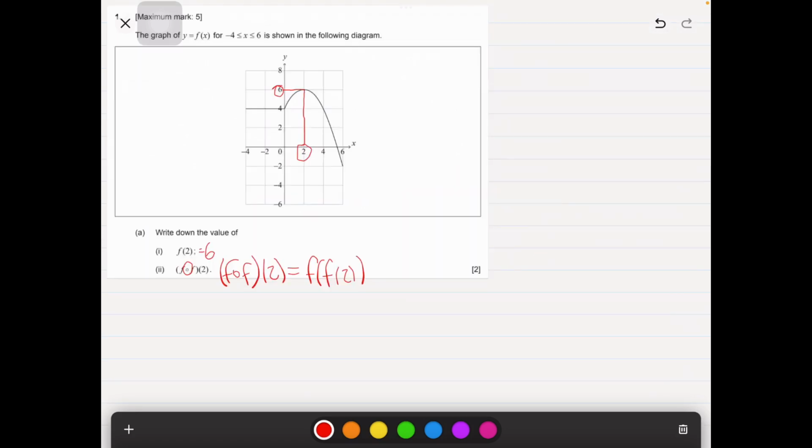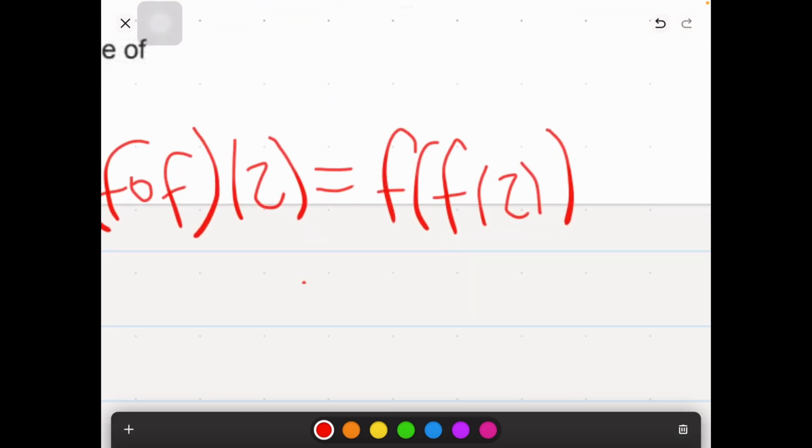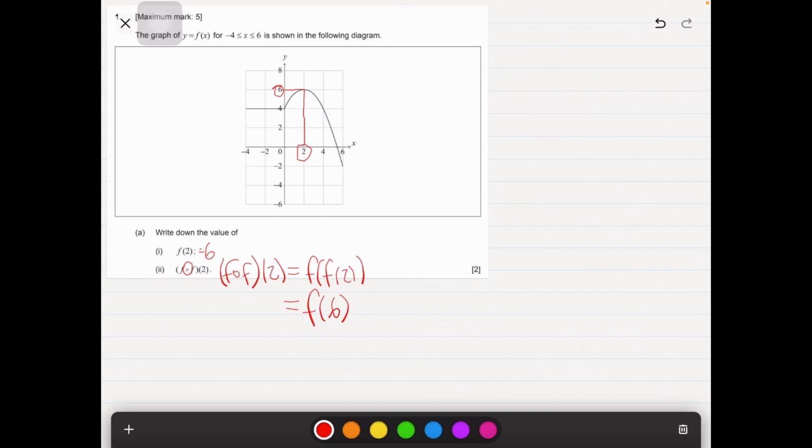But if we look at the notation on the right, we can see that we already know the value of f of 2 because that was part A1. So we can just plug it in. We get f at 6, because 6 was the value of f of 2 that we found from the graph.